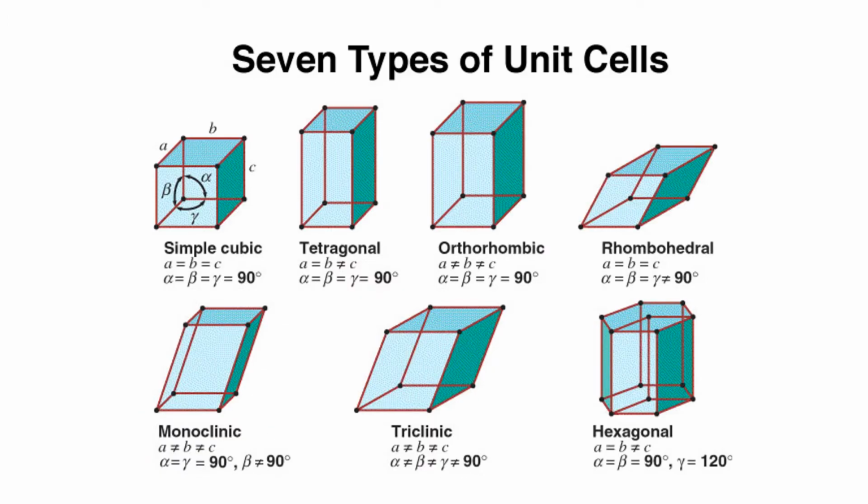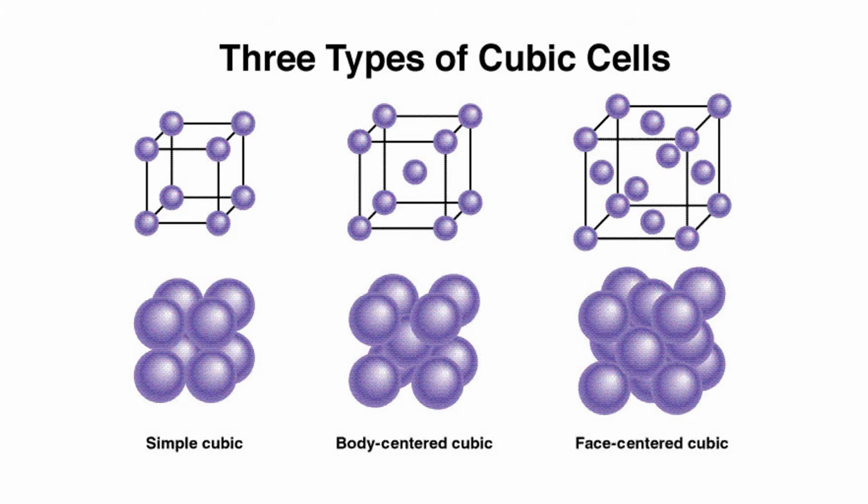So there's 7 types of unit cells. We're just going to look at 3 basic unit cells, but this slide shows you the variation of unit cells that are possible. So there are 3 types of cubic cells that we're going to look at: simple cubic, body-centered cubic, and face-centered cubic.